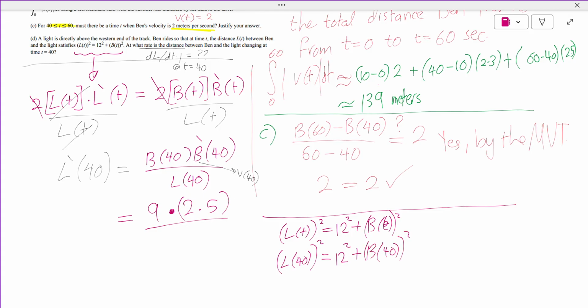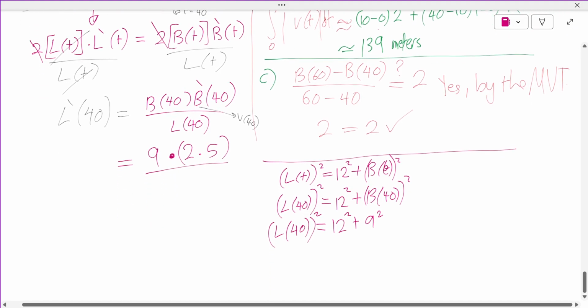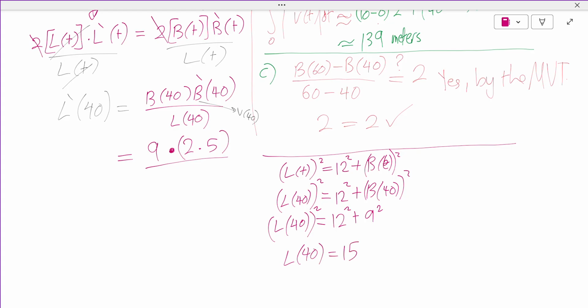Again, B of 40 is given in the table as 9, so 9 squared. This is L of 40 all squared. Evaluate and take the square root of both sides. L of 40 should be 15. Now put it back here.